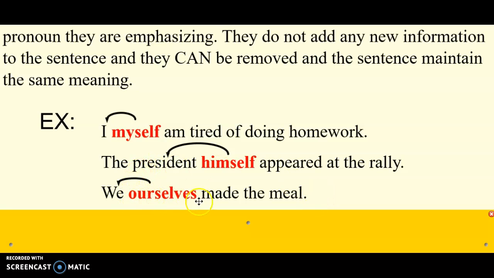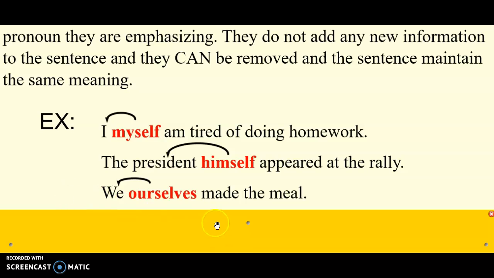The reason that we might use it is to emphasize the fact that we did it ourselves, okay? That we didn't need help, okay? Maybe this would be something young kids might say to sort of impress somebody because maybe you don't typically make a meal, all right? So its objective is to emphasize the subject, okay?